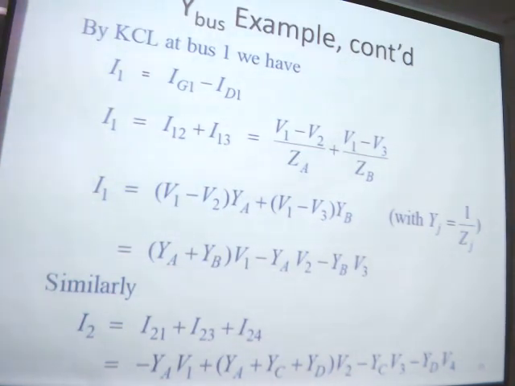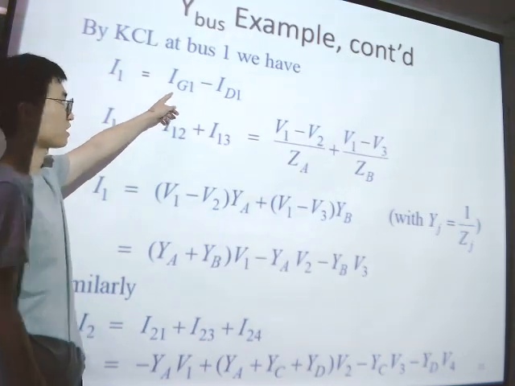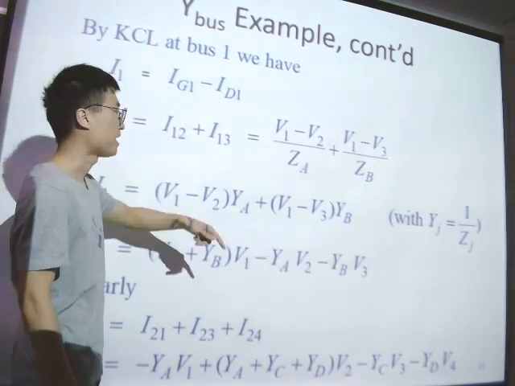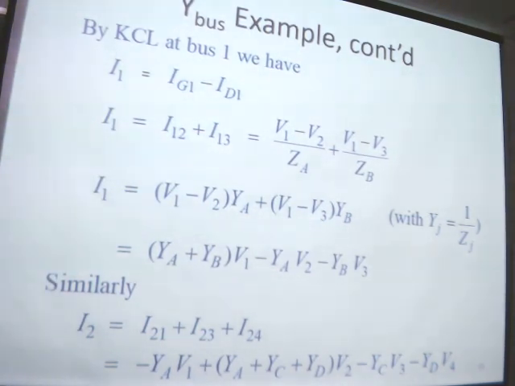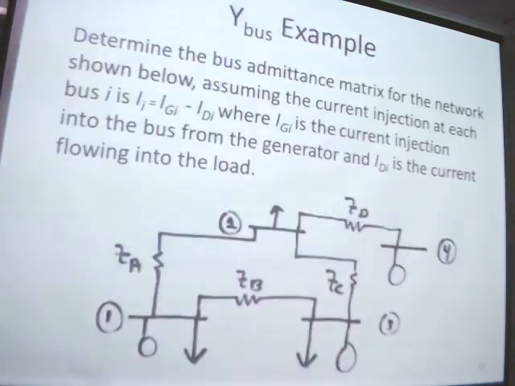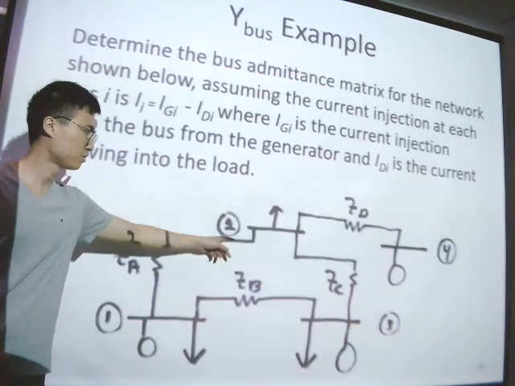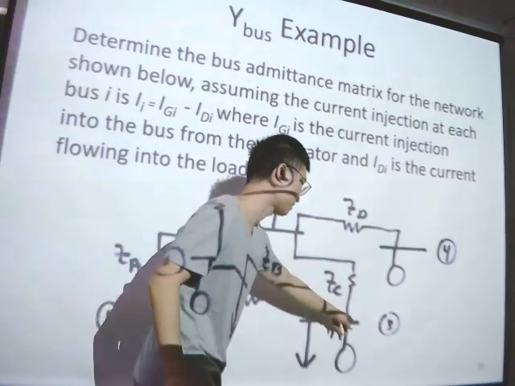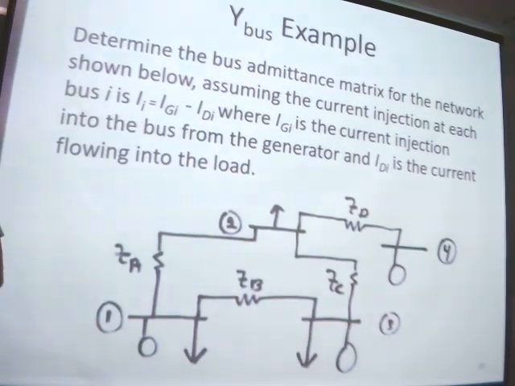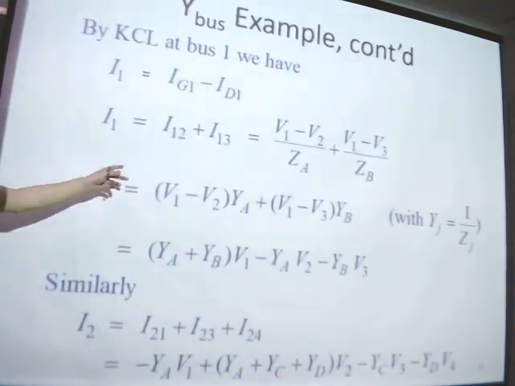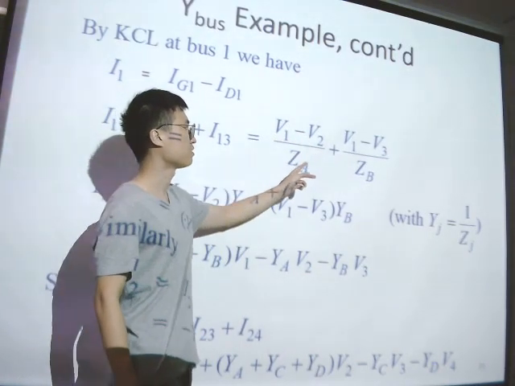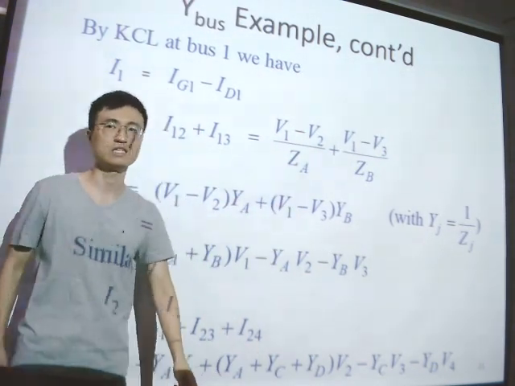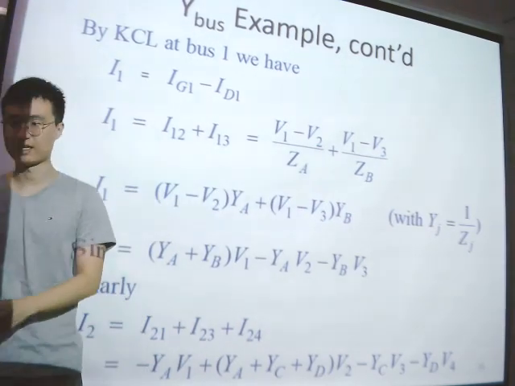So if we use KCL, the generator current in minus the current out is equal to I1. So I1 is equal to I12 plus I13, because both 2 and 3 are connected to 1. I can say that I12 is V1 minus V2 divided by the impedance here, okay?